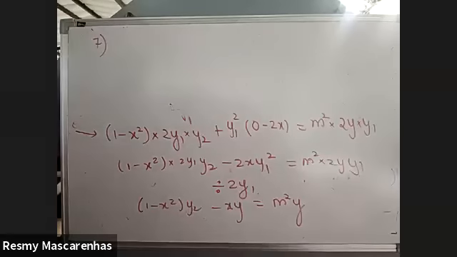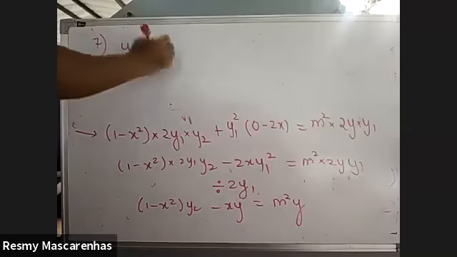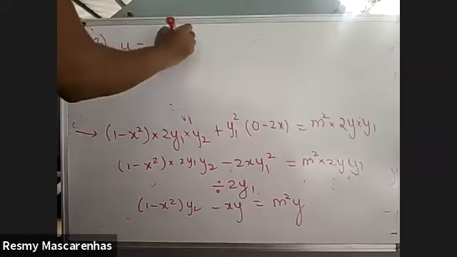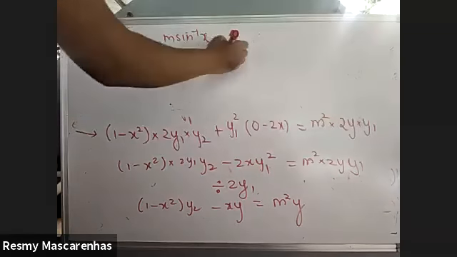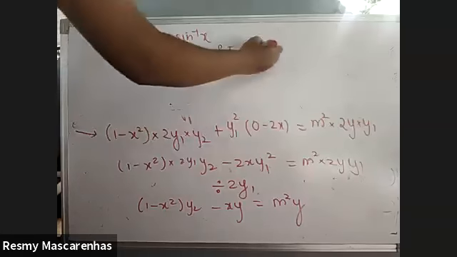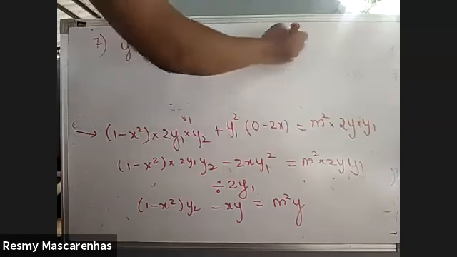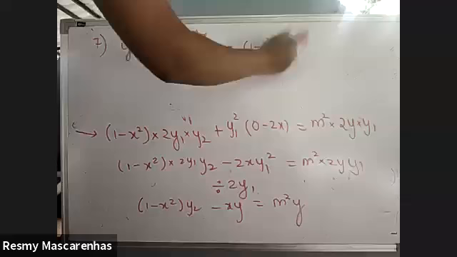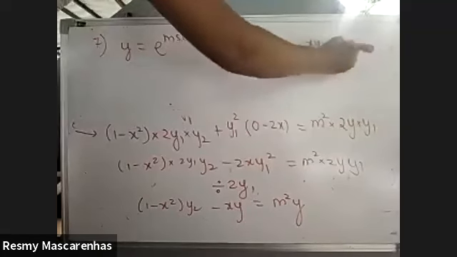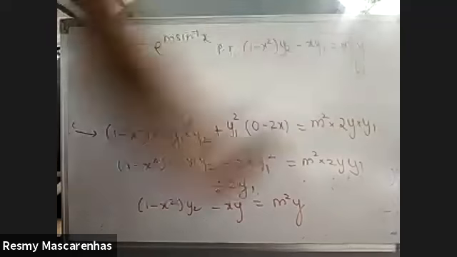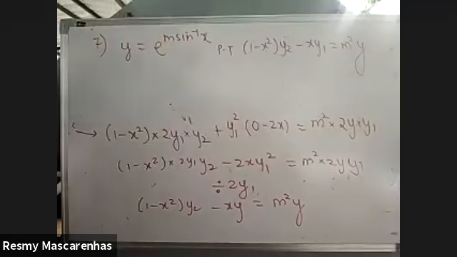The seventh one you all can try. That would be the same thing. y is equal to e raised to m sine inverse of x. Prove that, the answer will be the same as the cos one. This is for you all to try later on.